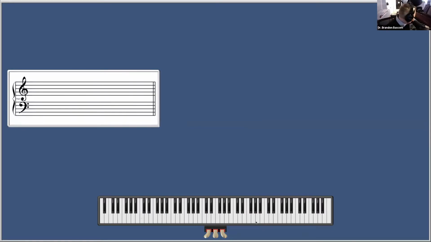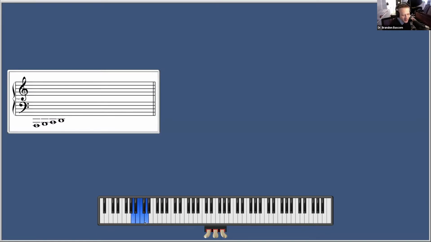So this is my lowest home note, low C. Low C is responsible for a step below, which is B, and a skip below, which is A. It's also responsible for a step above, which is D, and a skip above, which is E. So I'm going to mark my home notes on the screen with red here.